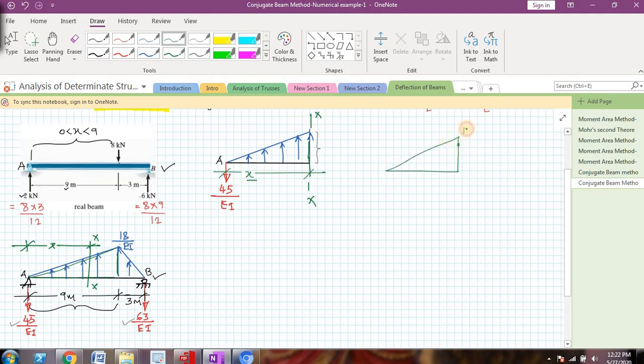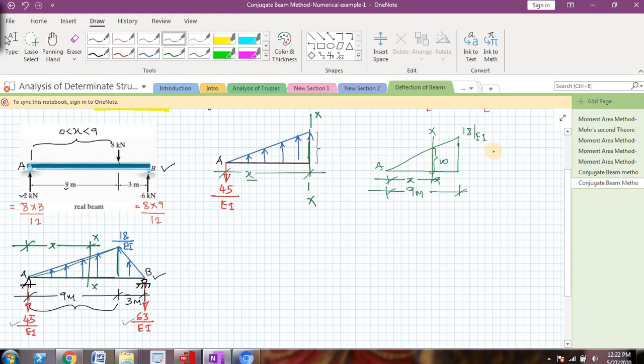This is 18 by EI, and this is your cut section. This length is 9 meters. This you don't know, which you want, that is section XX at a distance x from point A. So this ordinate you don't know, let me call that W.